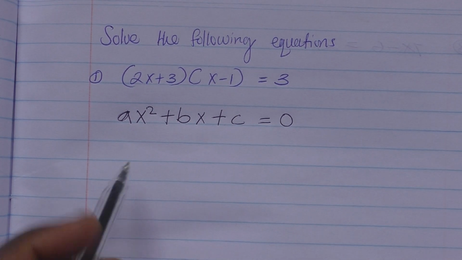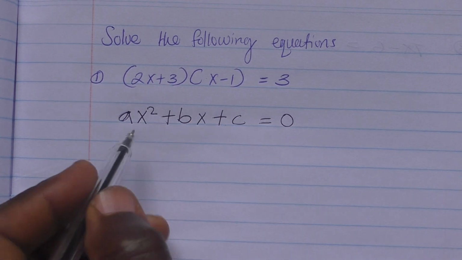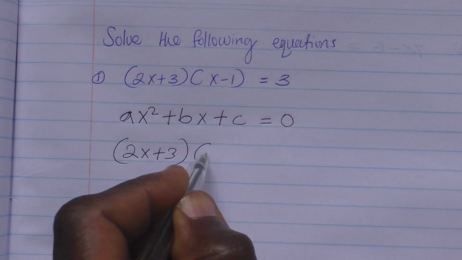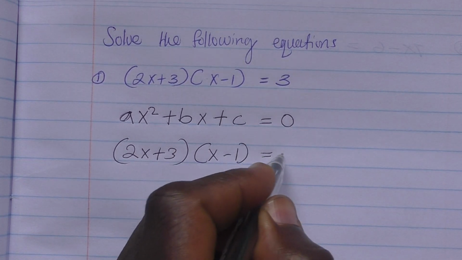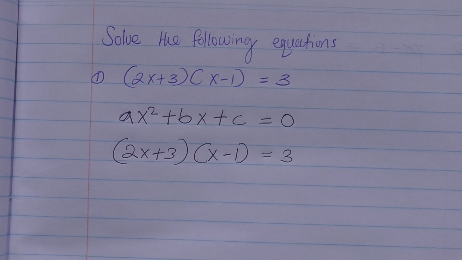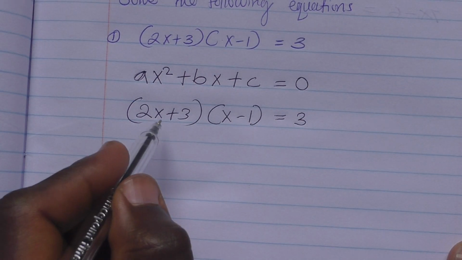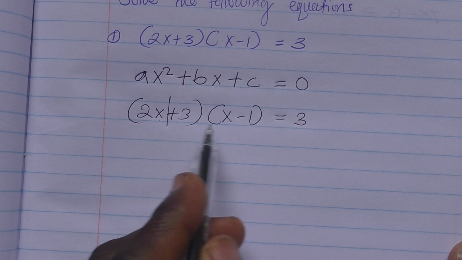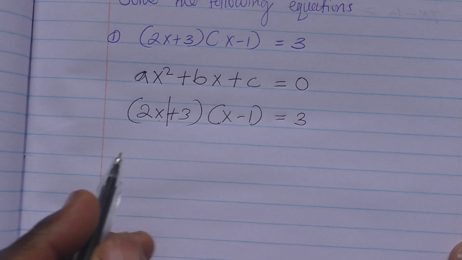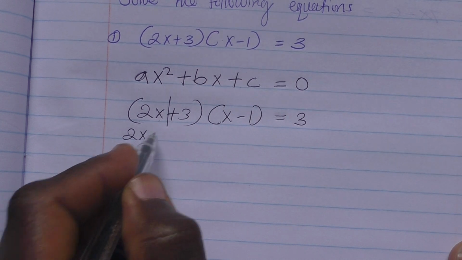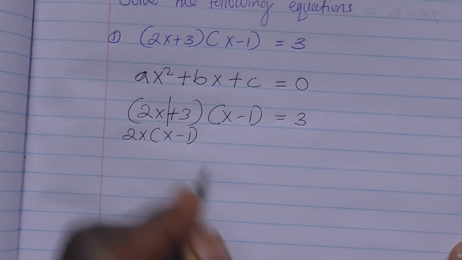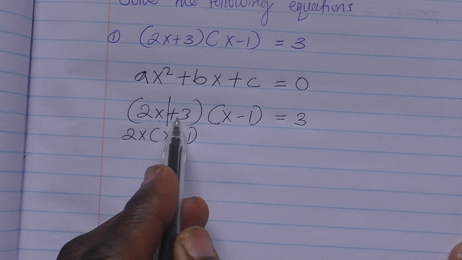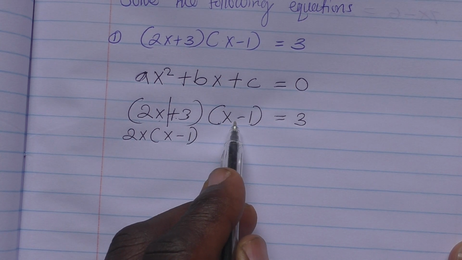So we shall open the 2 brackets. We have 2x plus 3 and x minus 1 equaling to 3. How do we open brackets? We shall split the first bracket. Then 2x multiplies the second bracket. So that gives us 2x into x minus 1. Then the second term with its sign multiplies the second bracket.